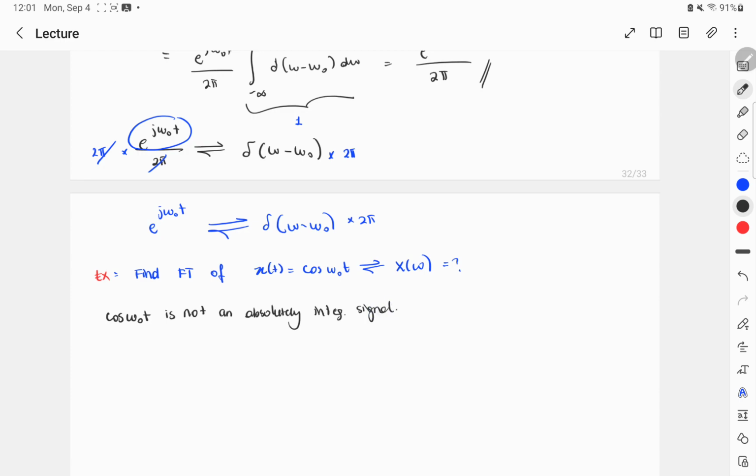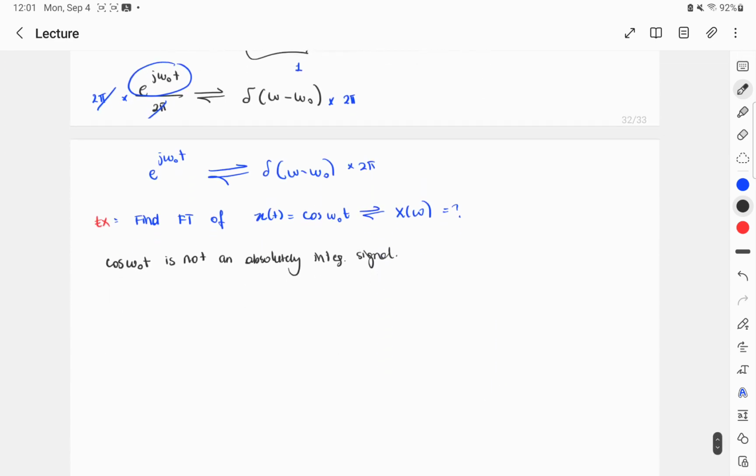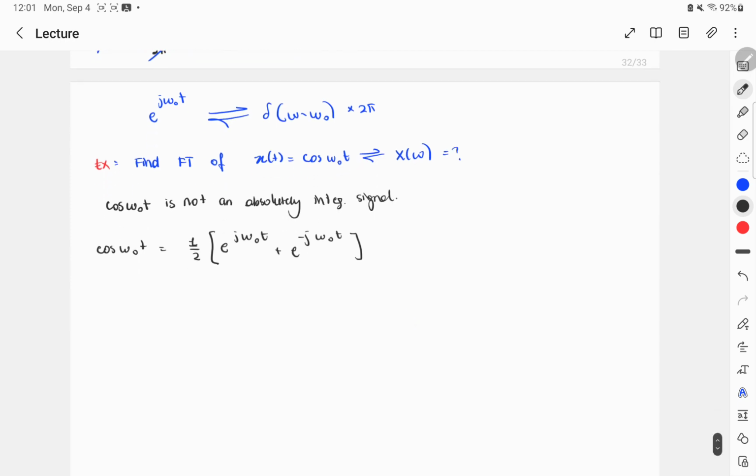What are we going to use? Now, it is time to use what we have learned in the previous example. Now let me write cos ω0t equals 1 over 2 times (e to the jω0t plus e to the minus jω0t). This is the old formula that we used to apply, and we already know this equality, right? And now, in order to continue, we are going to take the Fourier transform of each item over here.